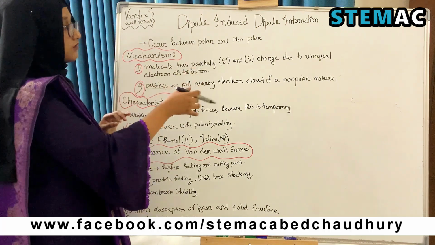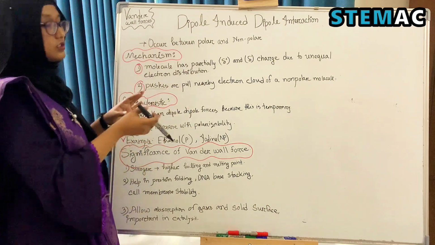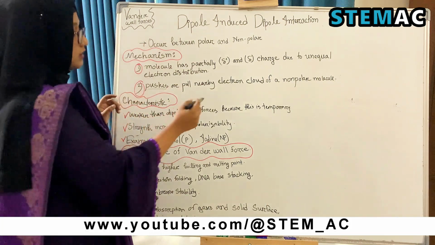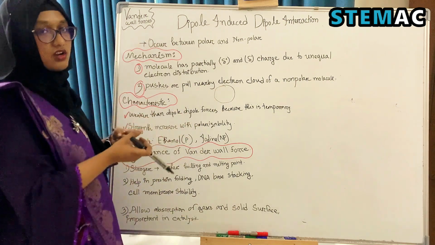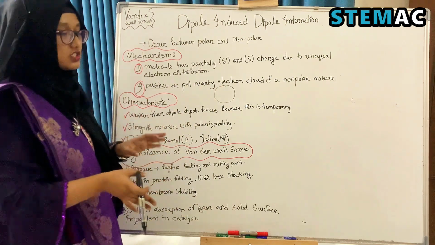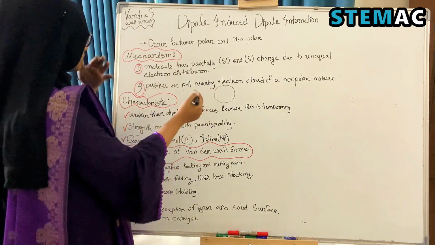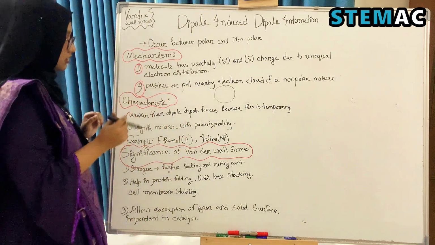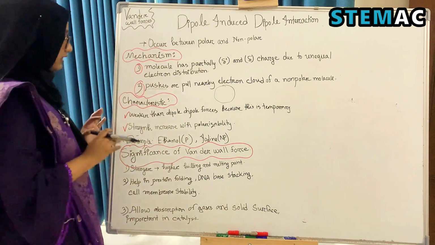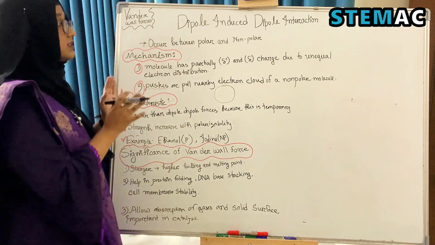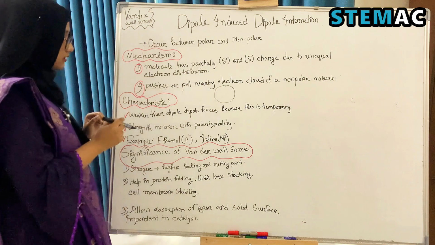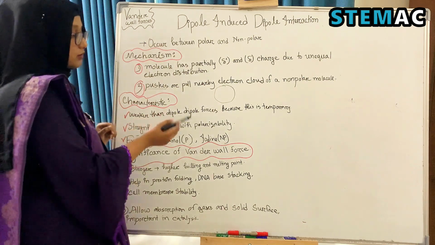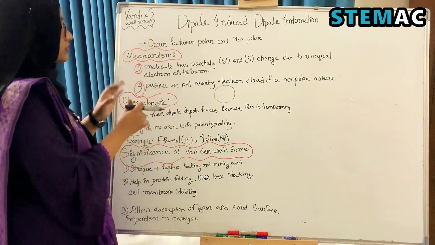Though in the case of polar, there is no need to be polar or something. Then nearby, if it is a symmetrical situation, they gonna attract, or if it is an asymmetrical situation, they gonna attract each other. And those interactions happen. So what is the characteristic of the dipole-induced dipole interaction? Firstly, it is weaker than dipole-dipole force, because this is a temporary situation.